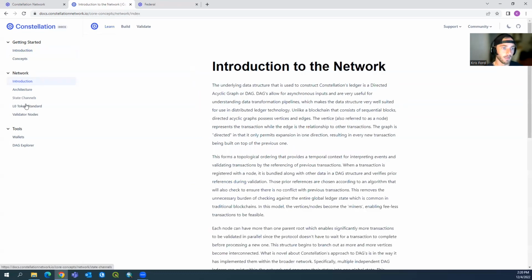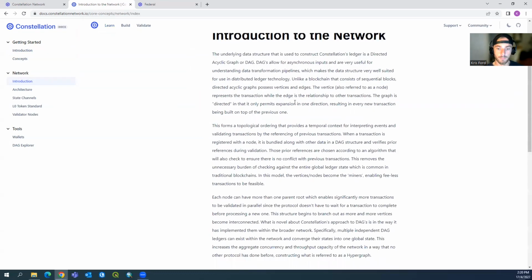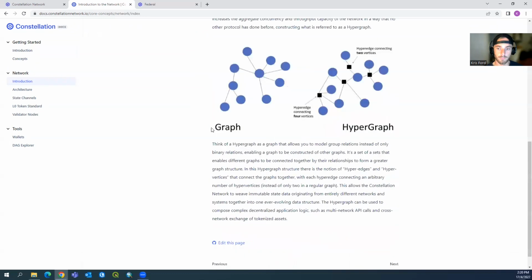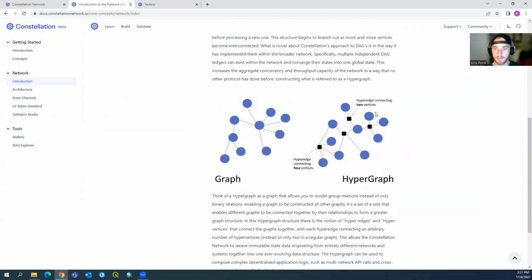So I'm coming down here into the network. It goes into the difference between graph technology, and another project with graph technology would be Phantom, and then you have the hypergraph. The biggest thing that separates it is you have these little nodes out in space, and they connect the nodes using vertices to speed up the transactions and also add interoperability, so that you can lay this hypergraph technology on top of layer one blockchains and allow them to communicate.